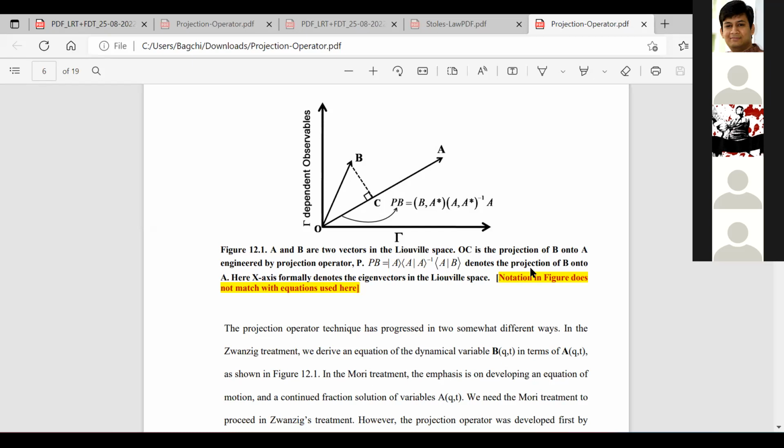How do I write an equation of motion of an arbitrary quantity P by projection on A? And this A can be a set of slow variables which can be hydrodynamic modes, but I can also augment that by products of them, the next set of slow variables.